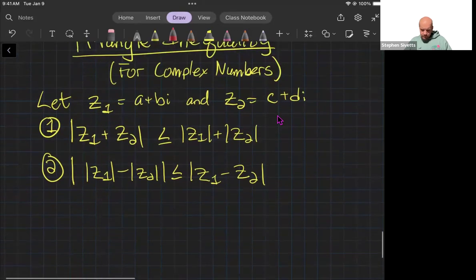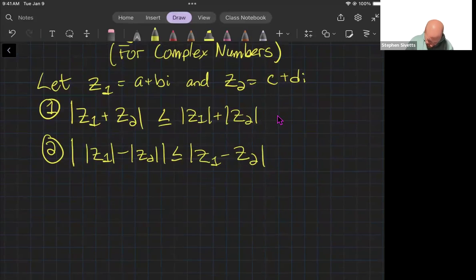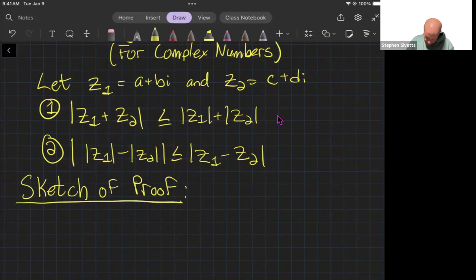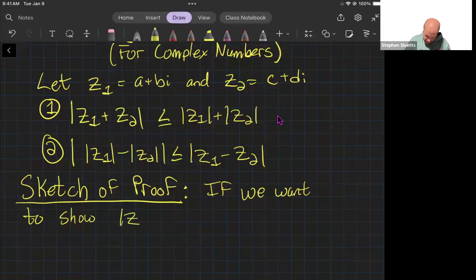So I'll show you the sketch of this proof. All right. So if we want to show this relationship, the modulus of z1 plus z2 is less than or equal to this quantity plus the length of z2.